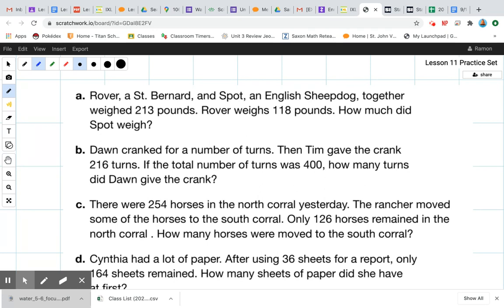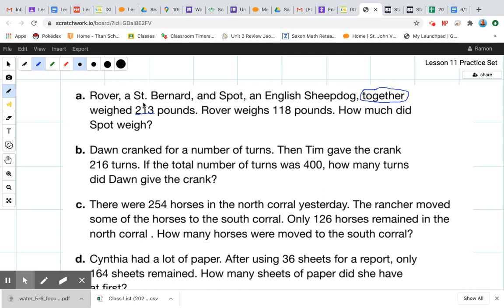So for A, Rover, a St. Bernard, and Spot, an English sheepdog, together weighed 213 pounds. Rover weighs 118 pounds. How much did Spot weigh? So, reading this problem, one of the key things here is that together they weighed 213 pounds.